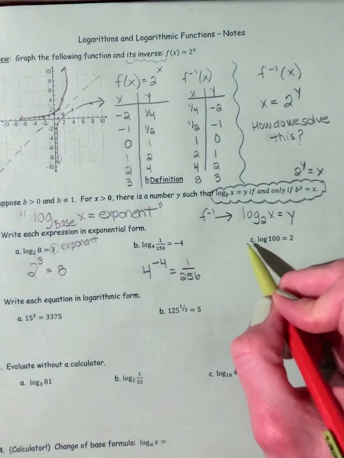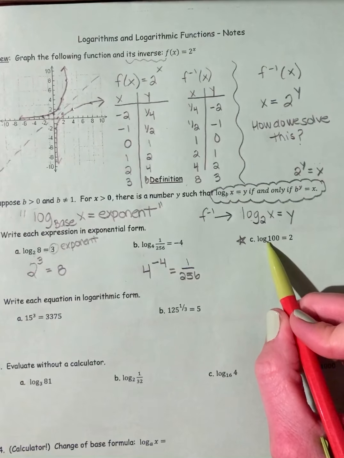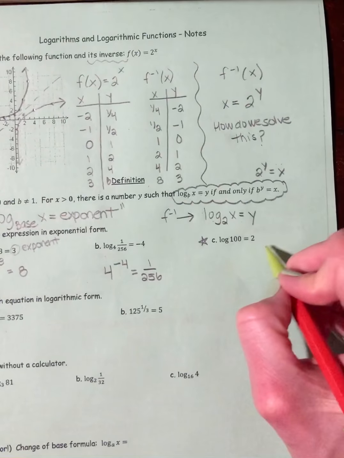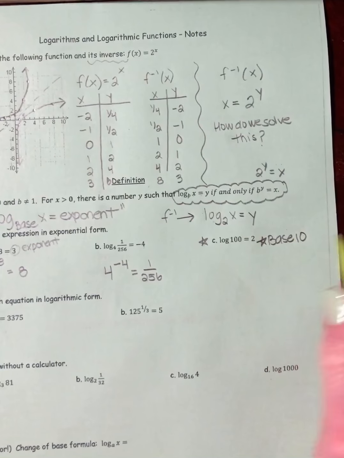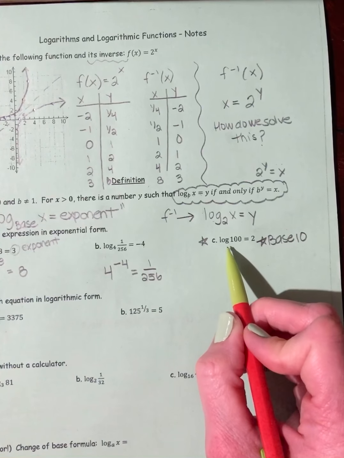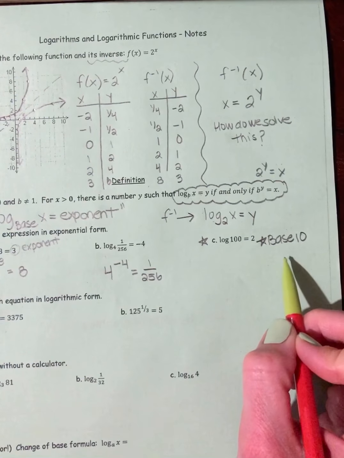Now, if you take a look at C, maybe you already noticed it's missing the base. This is what we call base 10. So, anytime you don't see a base written, that base is always a 10. It's just assumed to be there.